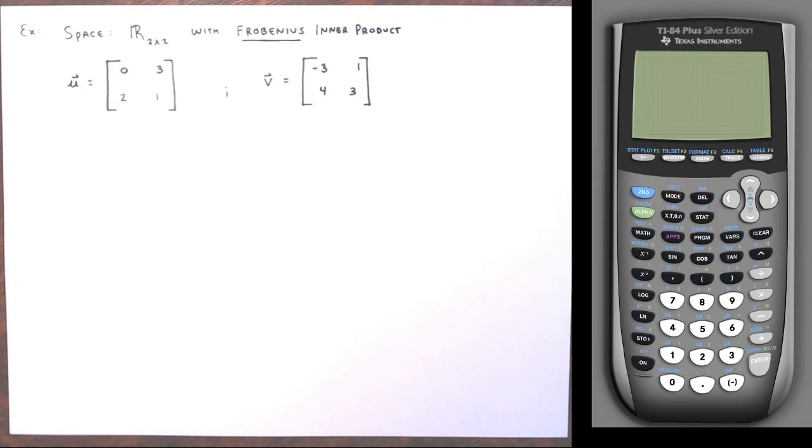The Frobenius inner product of two matrices is just, you multiply the corresponding entries and then add them up. So you multiply the first row first column entries, the first row second column entries, the second row first column entries, the second row second column entries. You just multiply corresponding entries of the matrices and then take their sum. So it's very similar to the dot product.